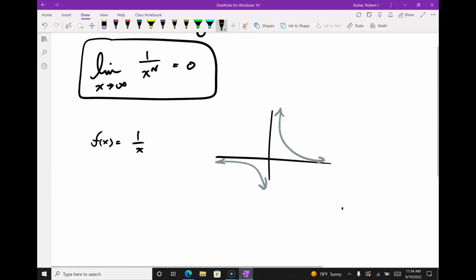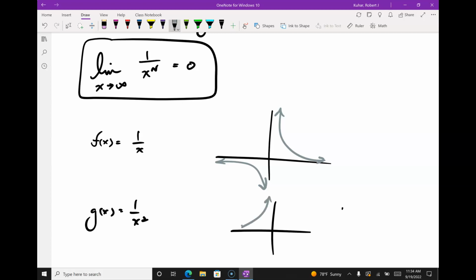And, of course, g of x is 1 over x squared, right? Same idea, etc., etc. Still going to get a height of 0 here, right?